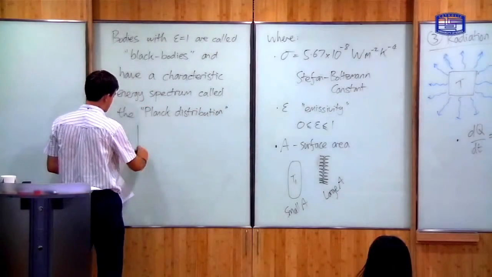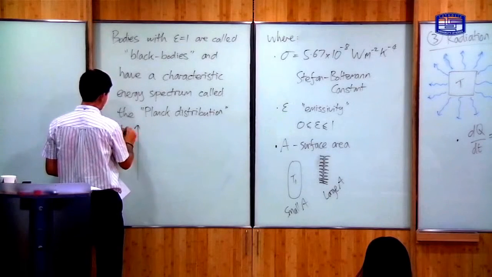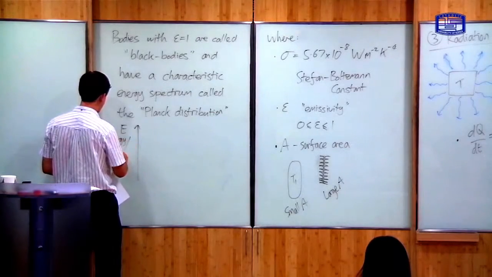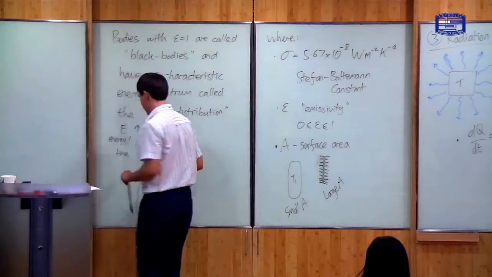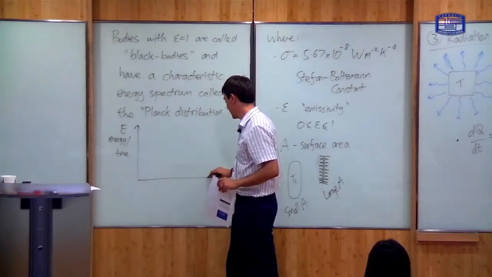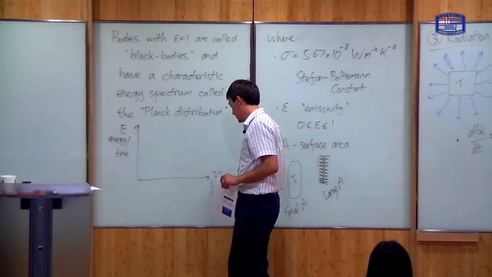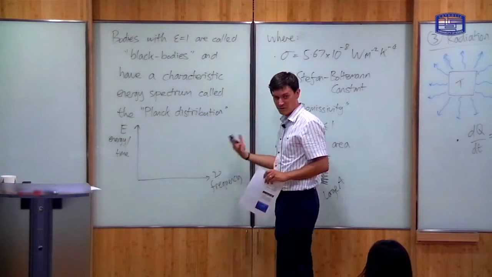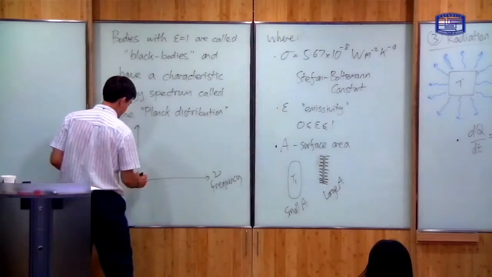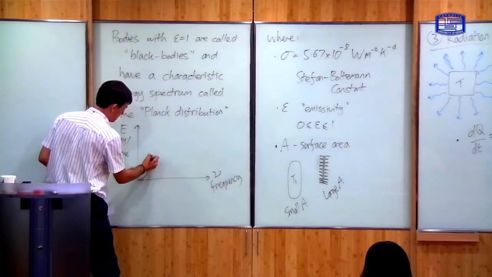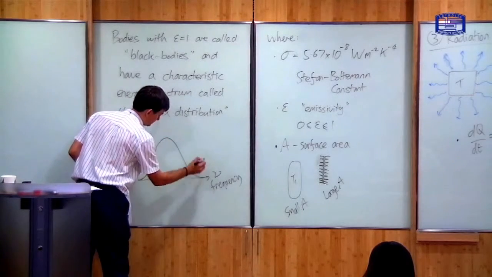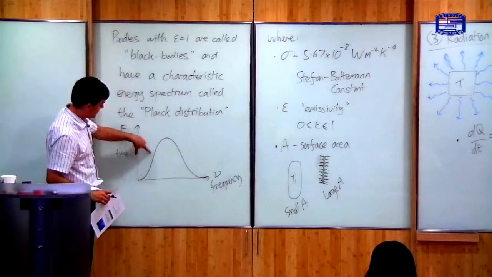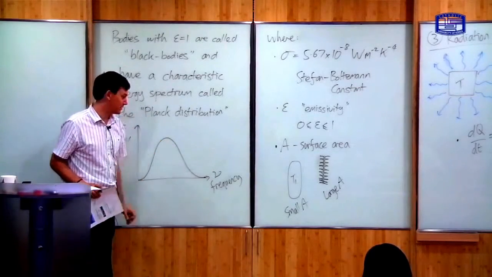So this means if I plot the amount of electromagnetic energy per unit time in the emitted radiation as a function of frequency, then it follows a well-known form which is called the Planck distribution, and it looks something like this. It's roughly proportional to frequency squared here, and it decays exponentially on the other side.